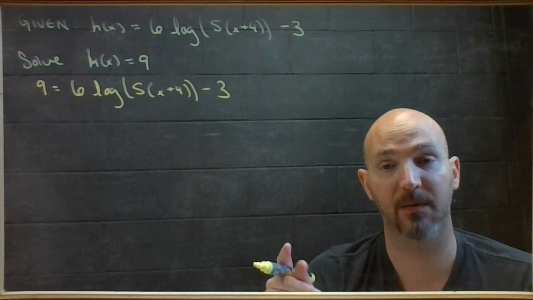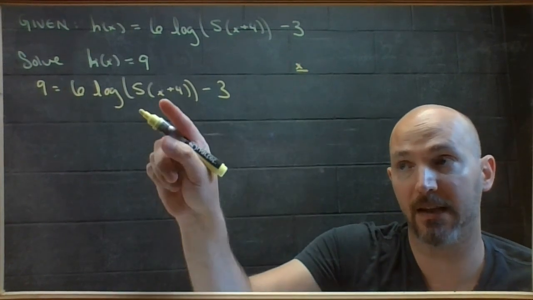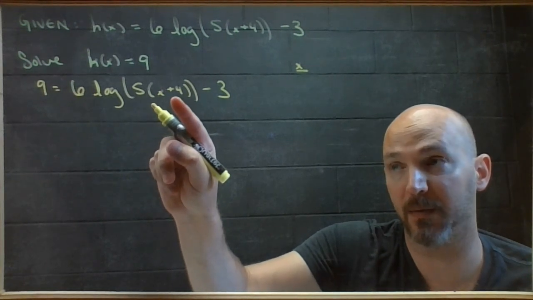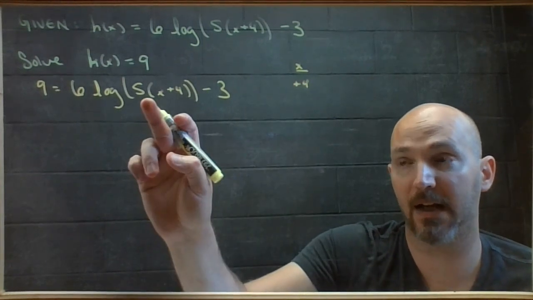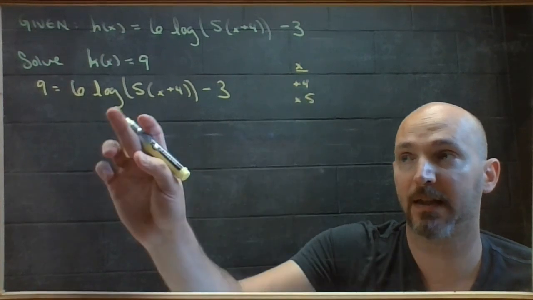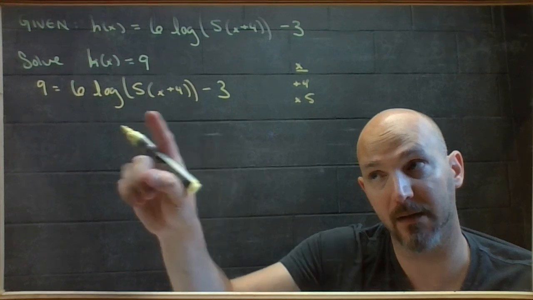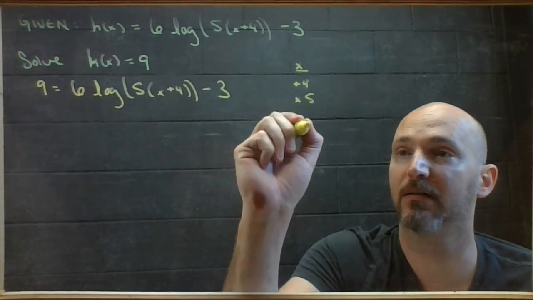So like all algebra problems, I find the x. And the first thing I would have to do to that x, if I knew it as a number, would be to add 4. Then I would have to multiply it by 5. Then I would have to apply log base 10. Remember that when there's no subscript, it's implied that it's log base 10.